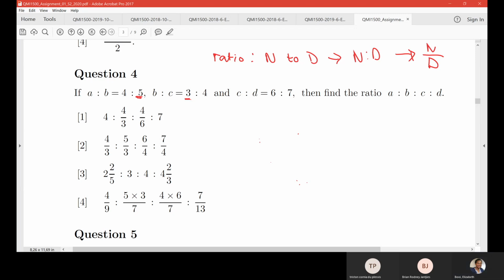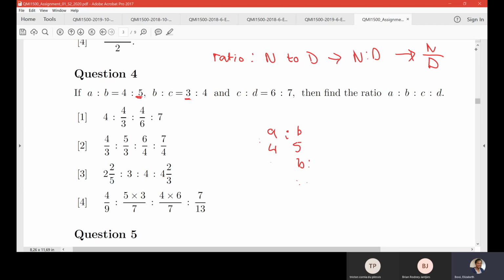Unless that will be for A to B, but that is not A. So if A is 4 to 5, that is that.